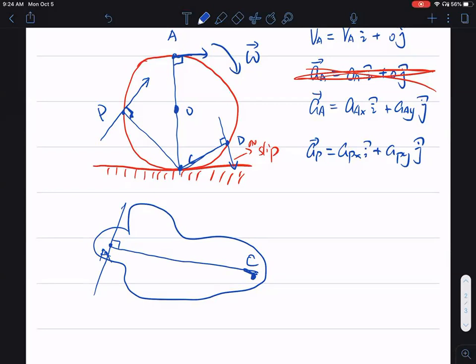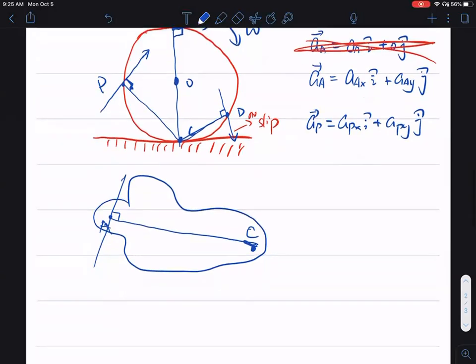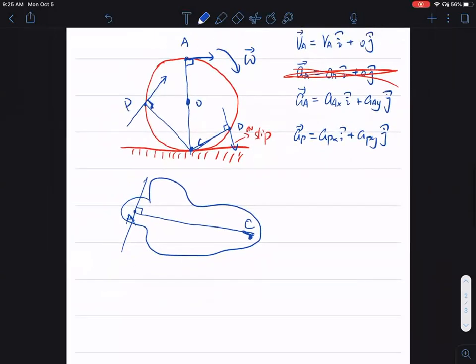Another application of instant center is it not only tells us the direction of any point on the rigid body, it also tells us the magnitude. In other words, the speed. What is the speed of A, P, or D? So that's from the 6 steps on your chapter 2 for instant centers.